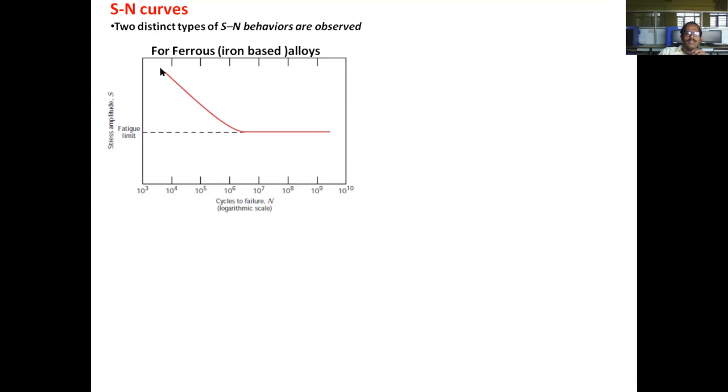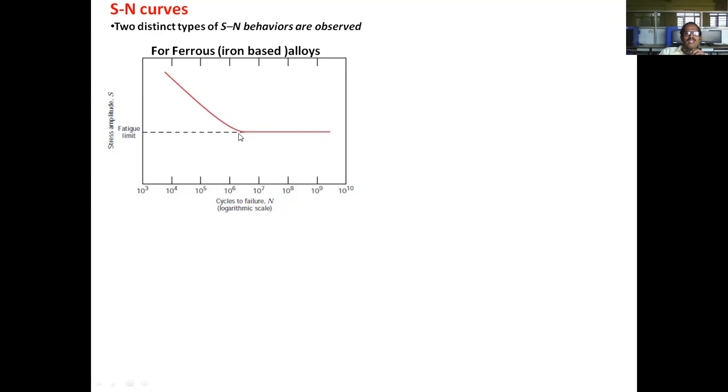If you observe this plot, initially the stress is high, at a peak value, so the material fails with a smaller number of cycles. As stress is reduced, the number of cycles to failure obviously keeps on increasing, up to a particular value of the stress.